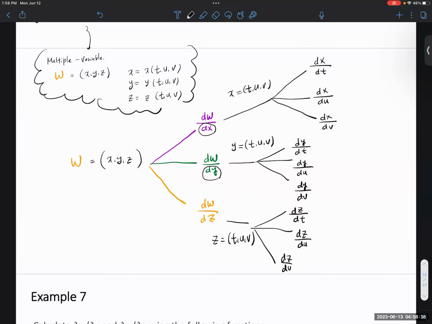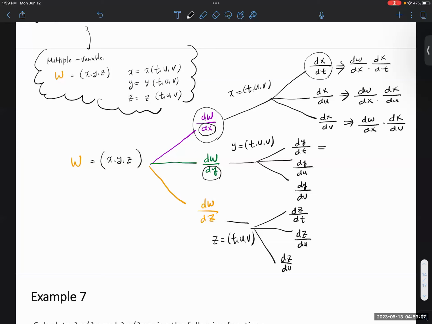So what is your final result? You multiply along each path. dw over dx times dx over dt. Then keep going: dw over dx times dx over du, and dw over dx times dx over dv.